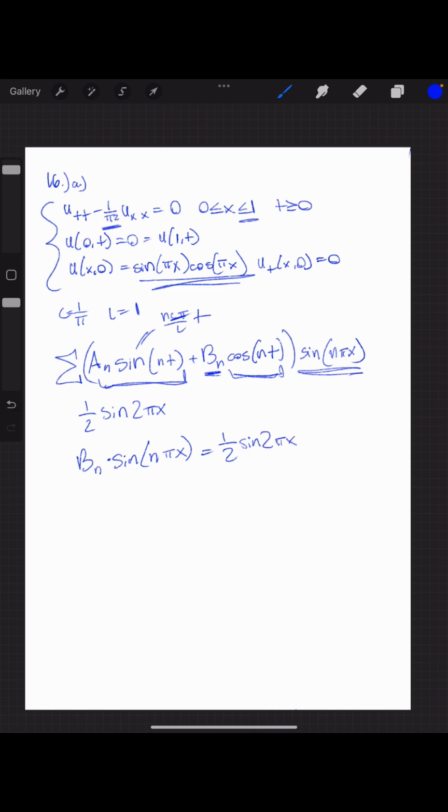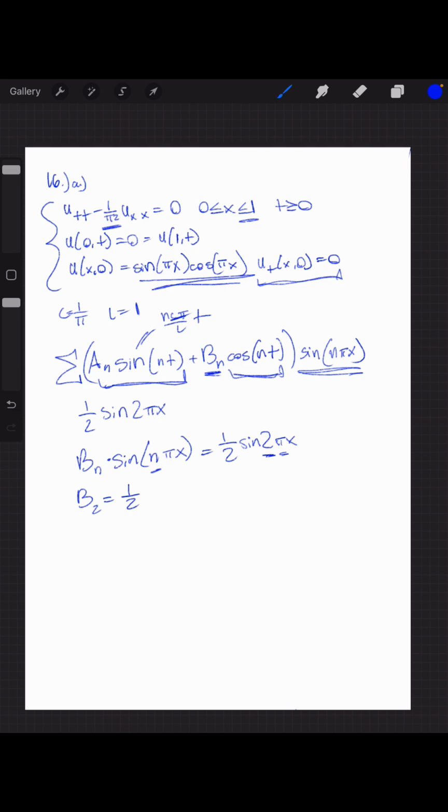Correct? So that means when n is equal to 2, b_2 is going to equal 1/2. And as we can see, the derivative of u at t equal to 0 is just 0. So as what happened in 13a, there is no other term there. So for our final solution, we plug in only b_2.